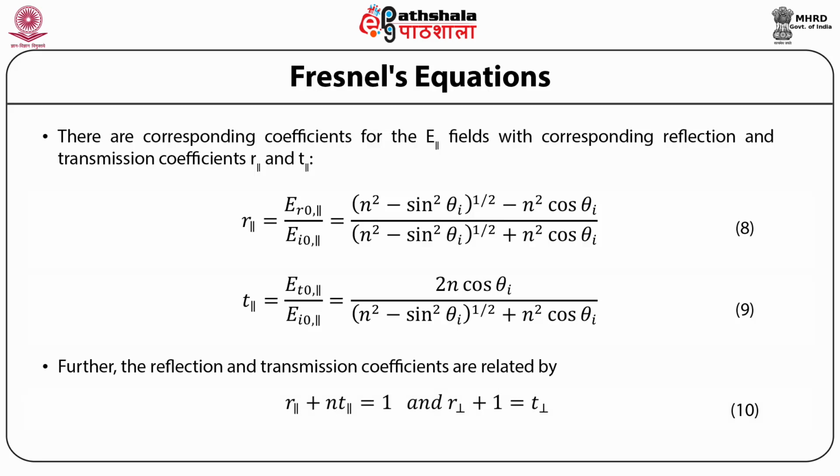Further, the reflection and transmission coefficients are related by r parallel plus n t parallel equals 1 and r perpendicular plus 1 equals t perpendicular.